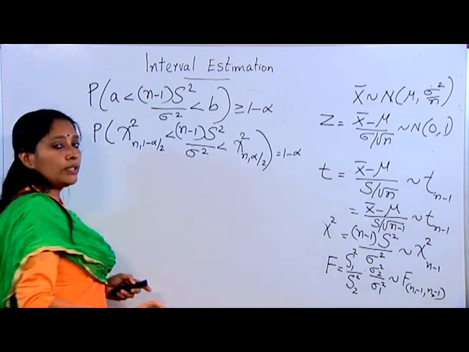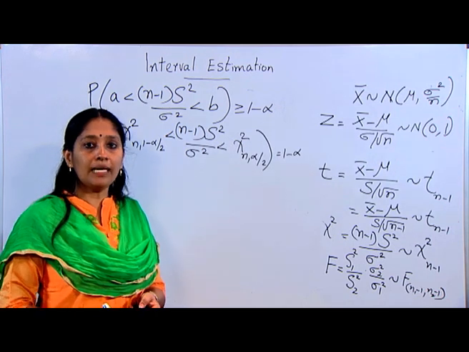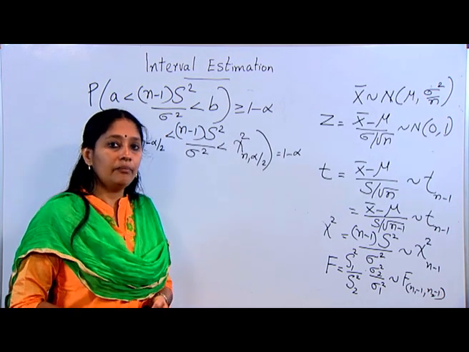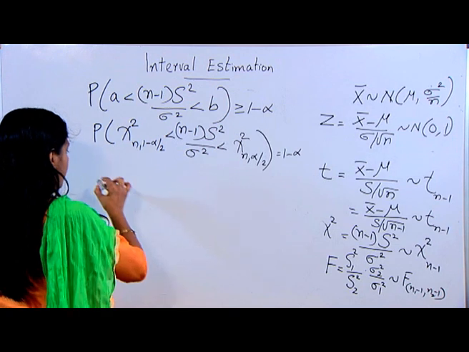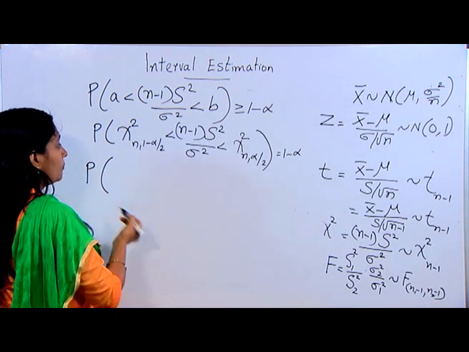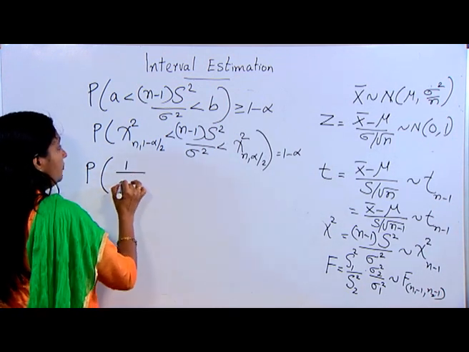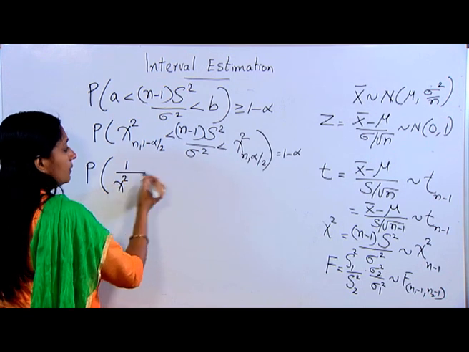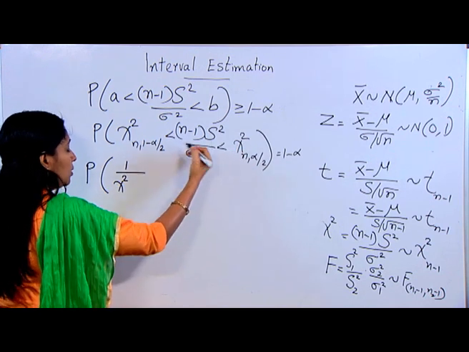We are searching for the confidence interval for sigma square. So, by adjusting the terms and taking the reciprocal, the inequality will change.